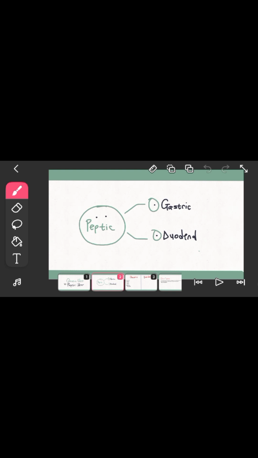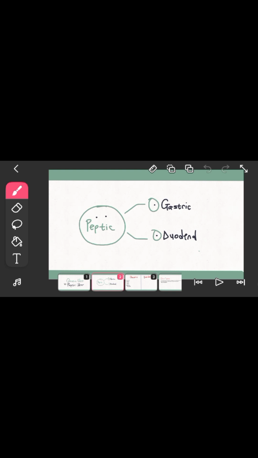That is, peptic ulcer is a general term for ulcers or tears that occur in the GI tract. So, tears that occur in the GI tract from the esophagus to the stomach to the small intestine are all peptic ulcers.